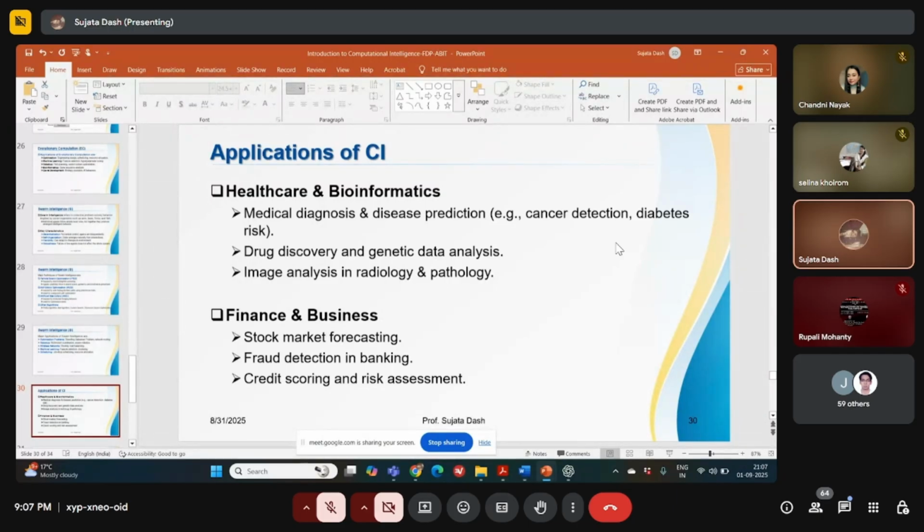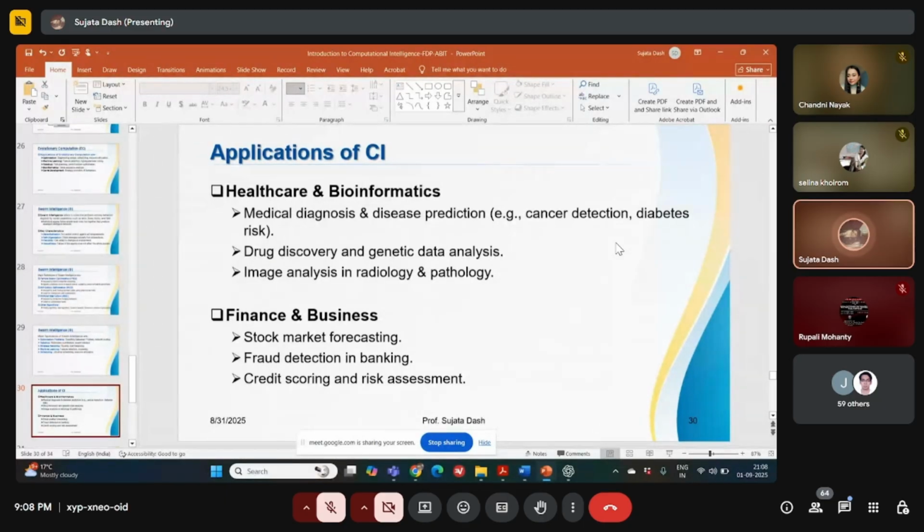So, healthcare and bioinformatics. As you know, computational intelligence is transforming healthcare by using machines to analyze complex biological and medical data more effectively than humans can do.